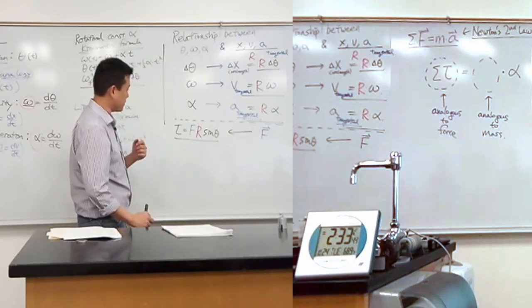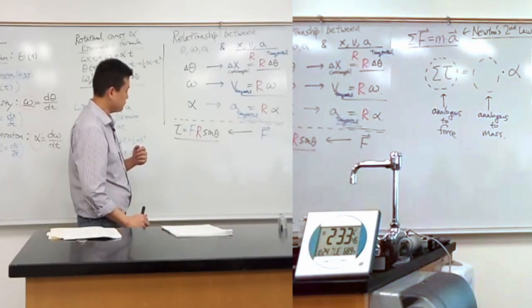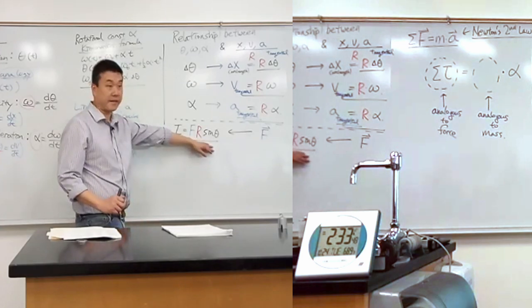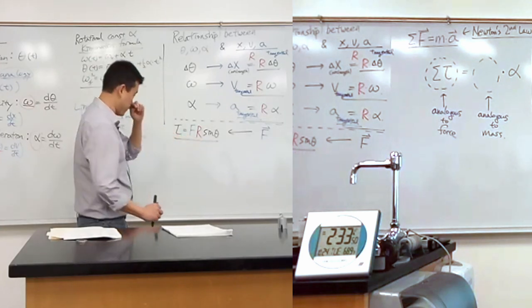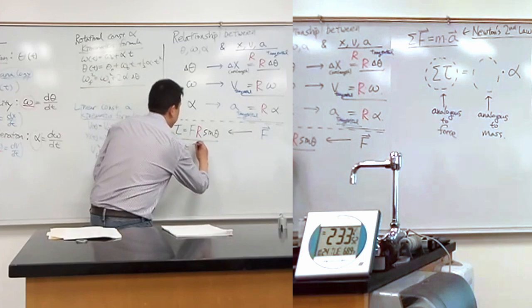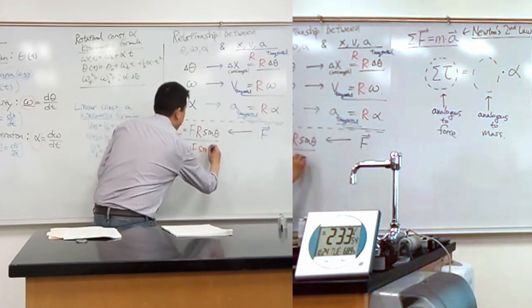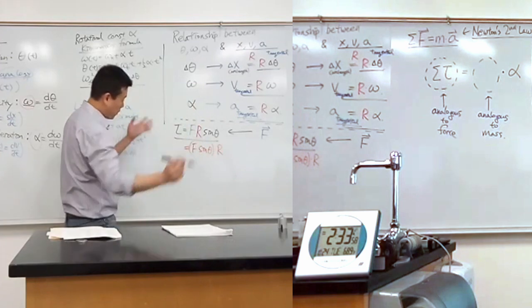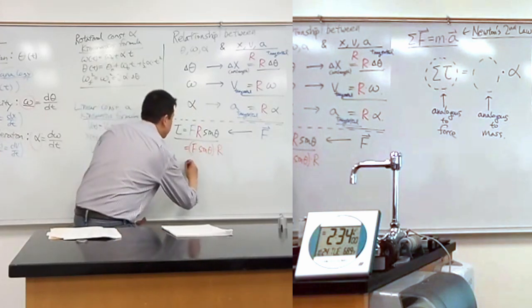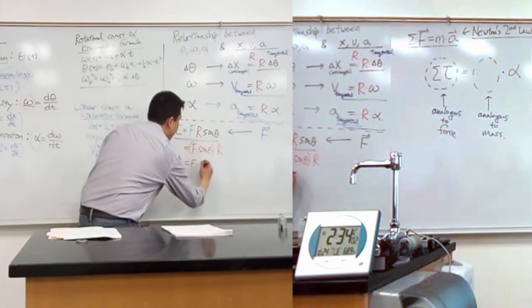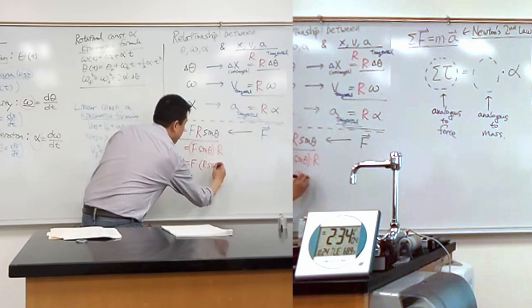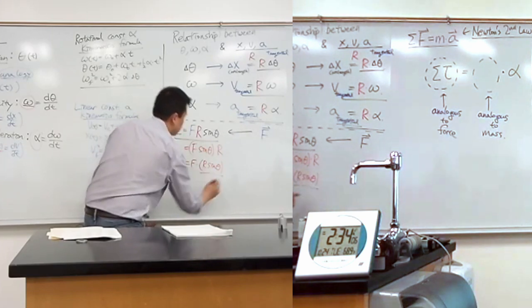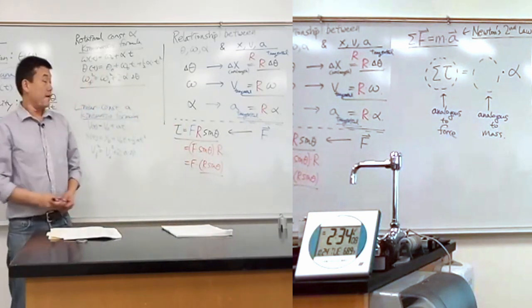I'm going to leave this as a generic expression and write it in 2 different ways. I'm going to write this as F sine theta times R, or if it strikes my fancy, F times R sine theta, with this parenthesis.